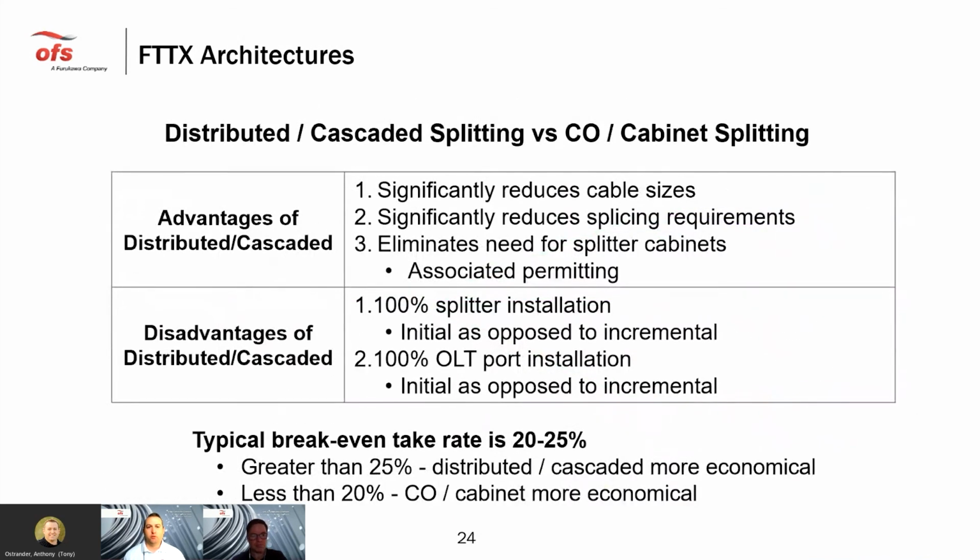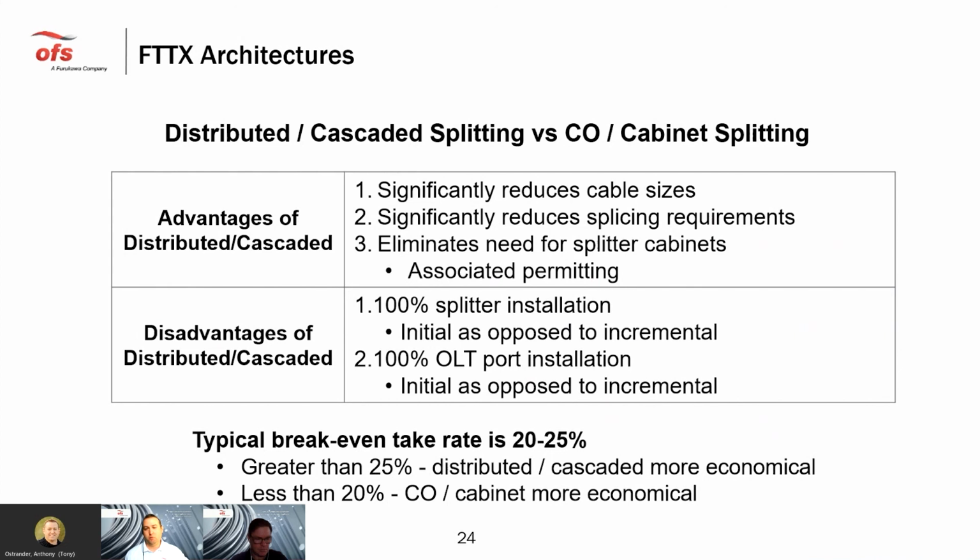Okay, so here, this is just taking a look at the advantages and disadvantages of the distributed/cascaded splitting architecture versus your central office and your cabinet. So advantages of your distributed cascaded, again, you're going to reduce those cable sizes. You're going to significantly reduce the amount of splicing, which at $25 to $30 a pop can get pretty expensive. And then you're also going to eliminate the need for splitter cabinets, and the permitting associated with that.